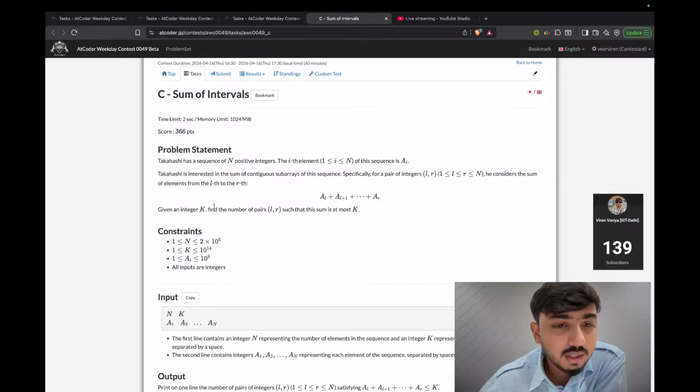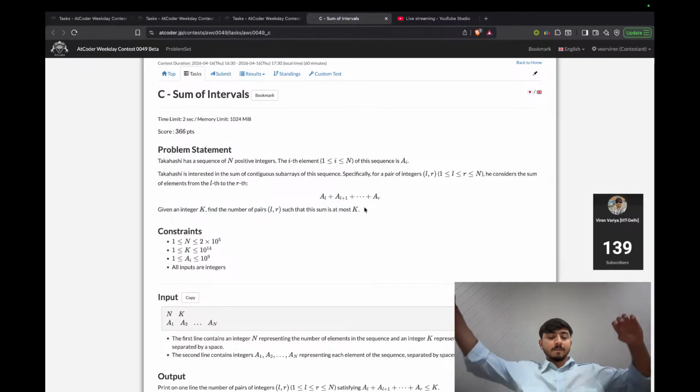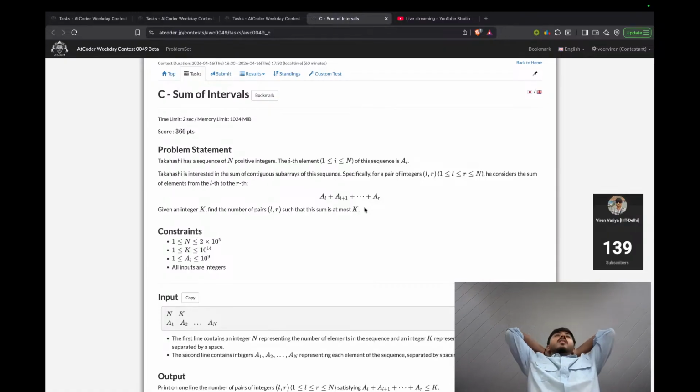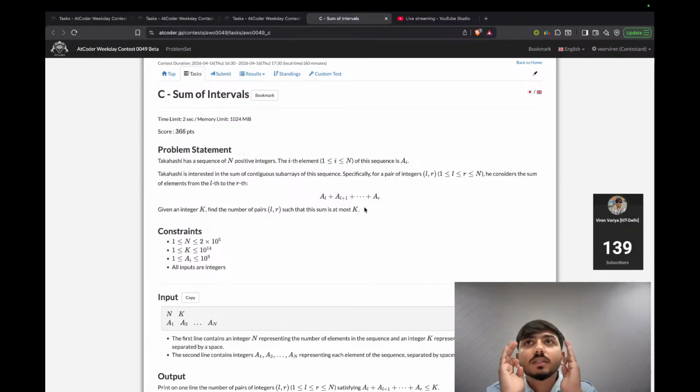You are given integer k. Find the number of pairs such that the sum is at most k. They always bring interesting subarray questions.